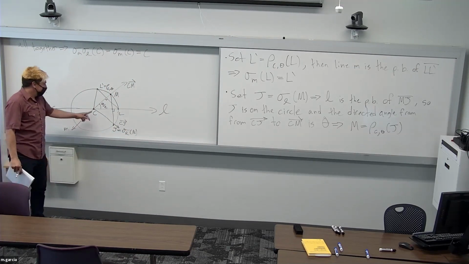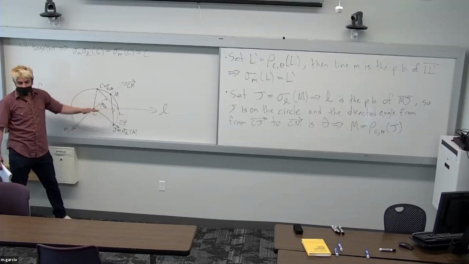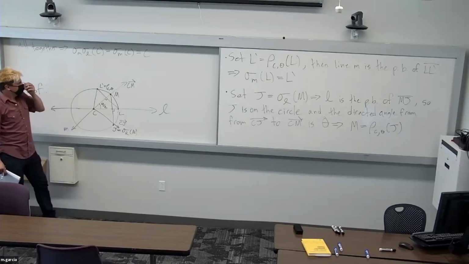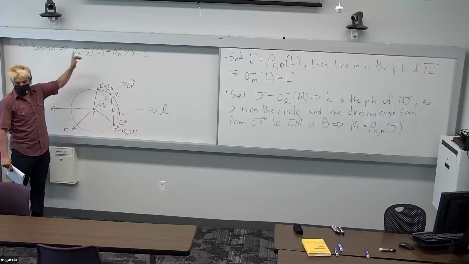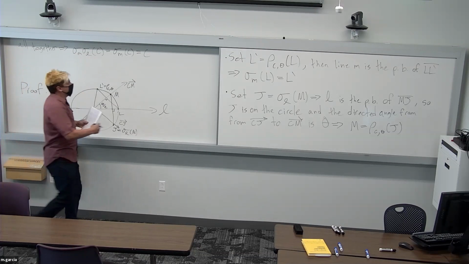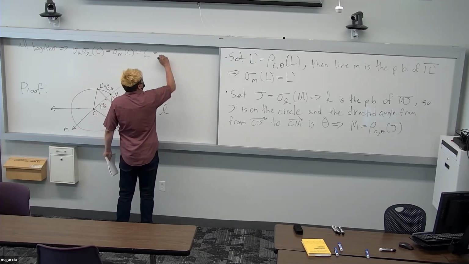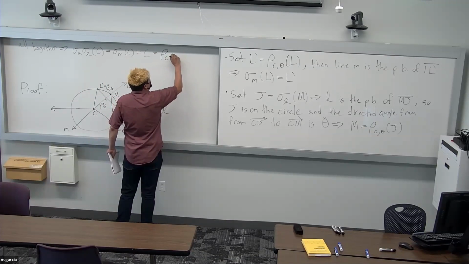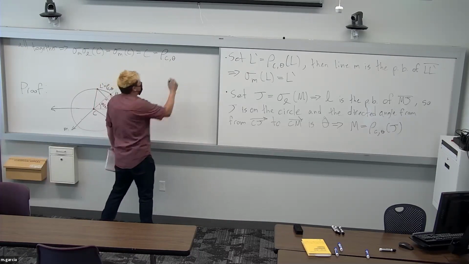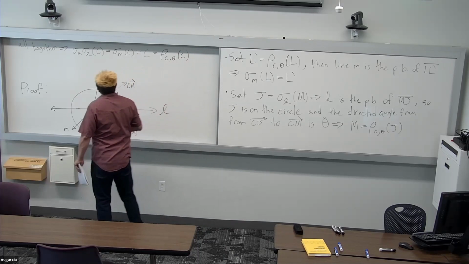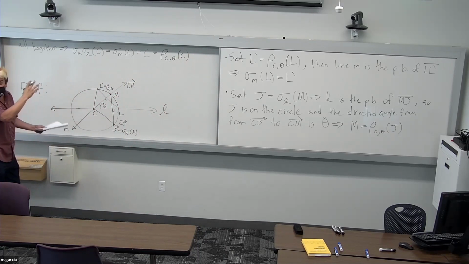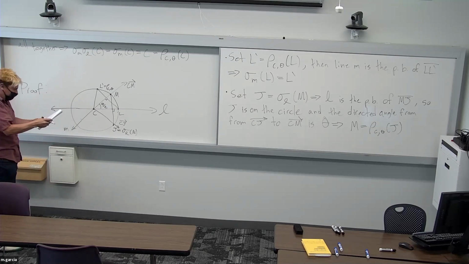Because C lies on lowercase l and lowercase m. So reflections in these lines fix C. And of course, we know that rotations fix their center of rotation. So we almost get that one for free from definition, right?